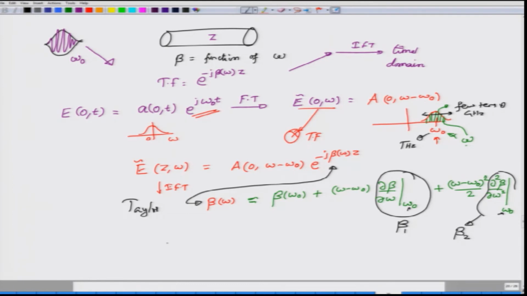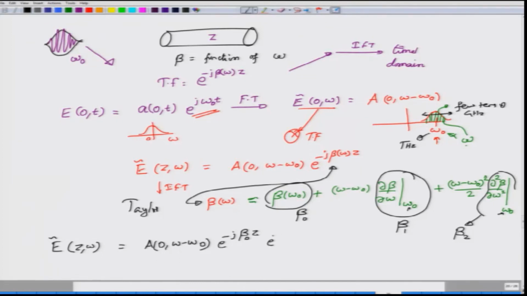When I put that in, the electric field at the distance z after propagating through the fiber would be A 0 of omega minus omega 0. This is the original pulse spectrum, now centered at omega 0, and then you have e power minus j beta 0 z. By now you would have guessed that beta 0 is essentially beta at omega 0.